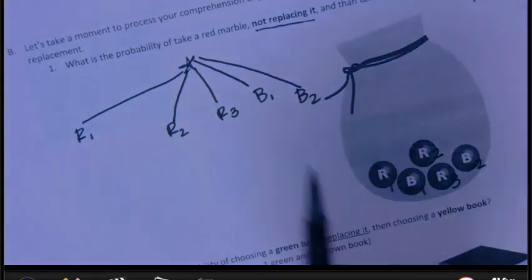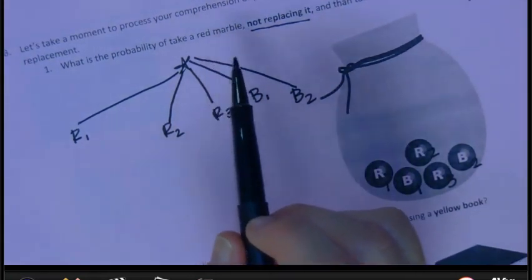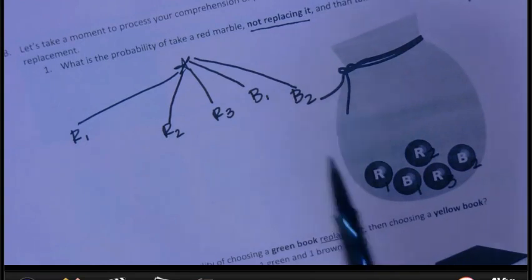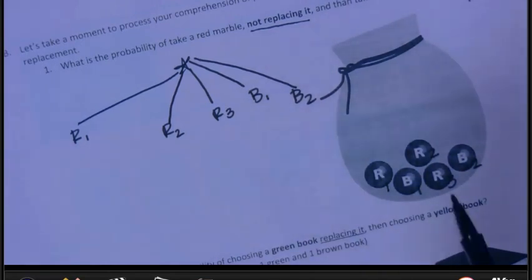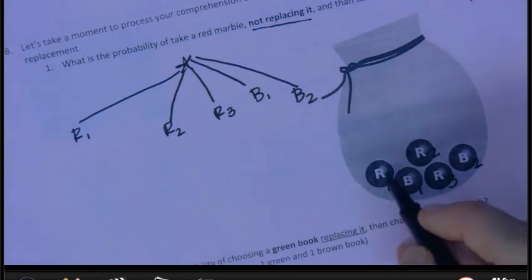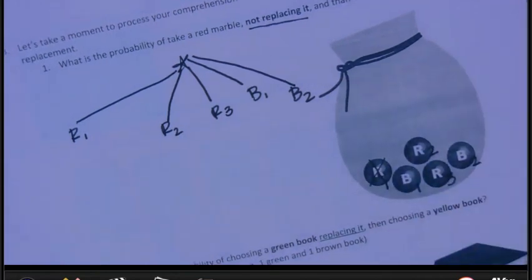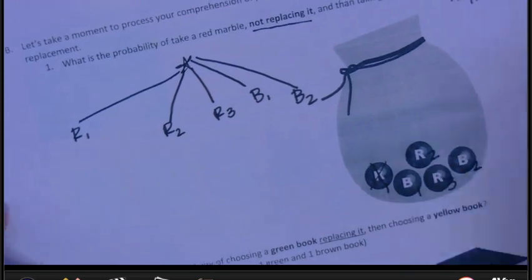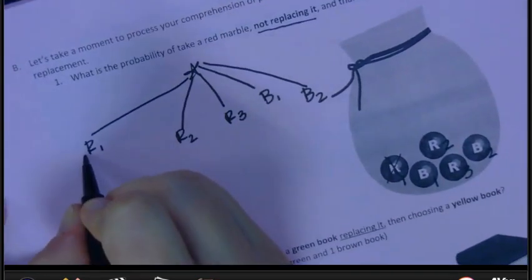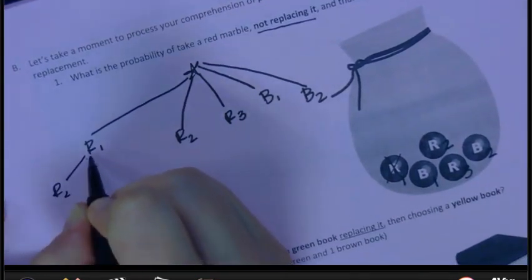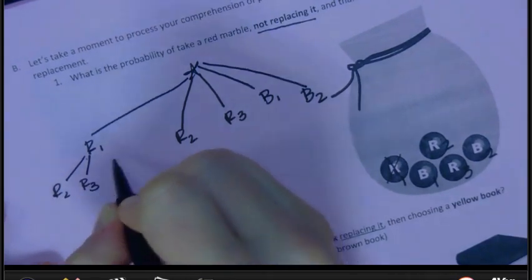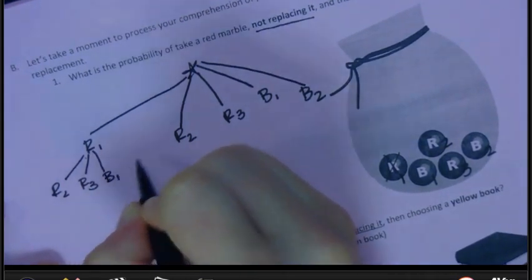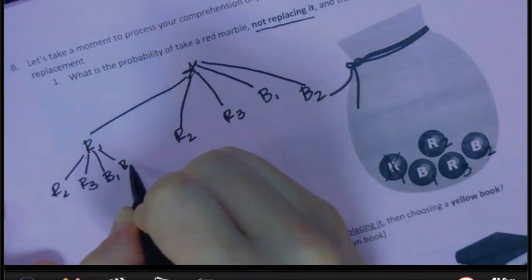Okay, so I'm going to draw a red marble, not replace it, and then draw a blue marble. Okay, so we're making a tree as far as if we draw this marble. So if I draw red 1, I'm not going to replace it, and I want to know what I can draw left. Well, I can draw an R2, R3, blue 1, and a blue 2.